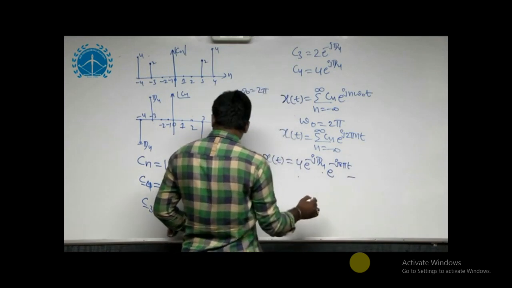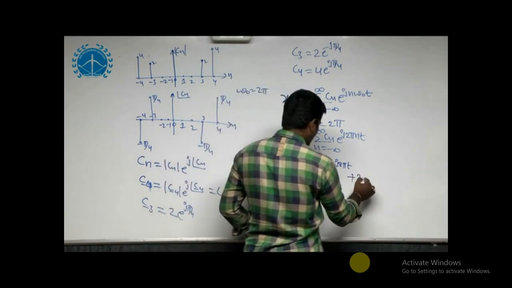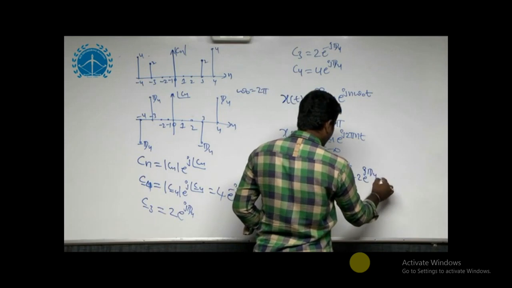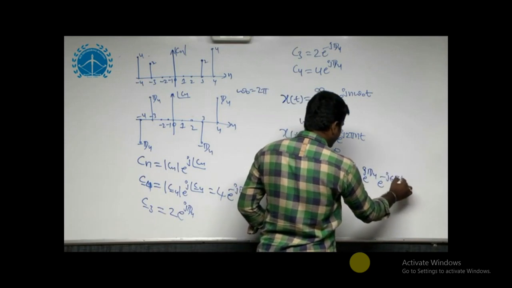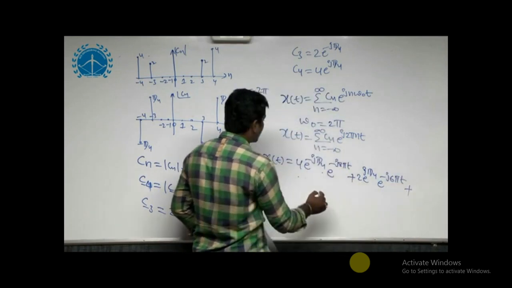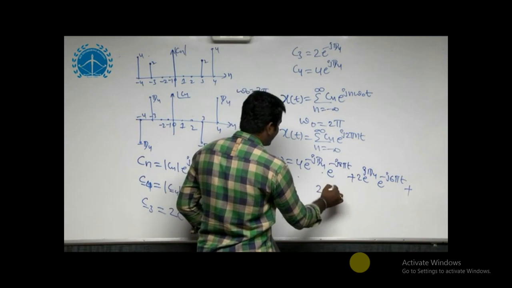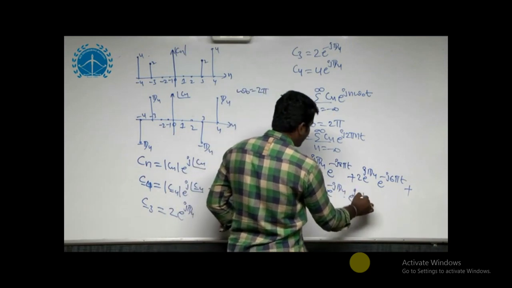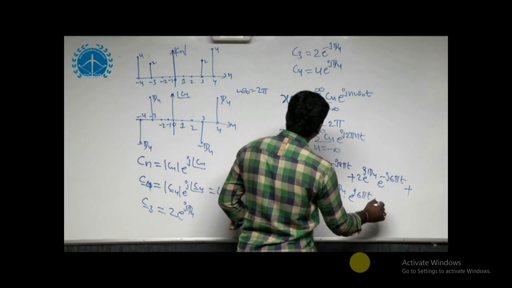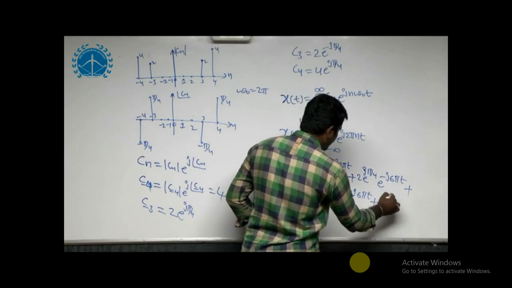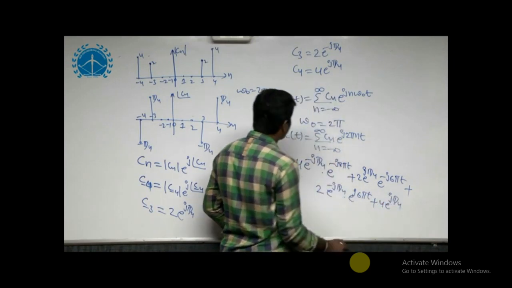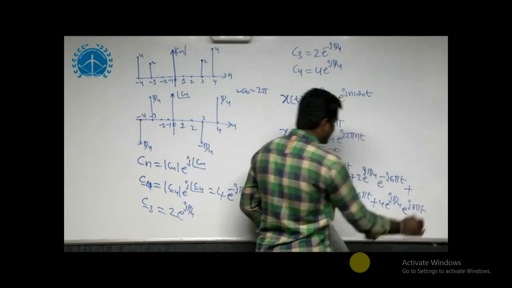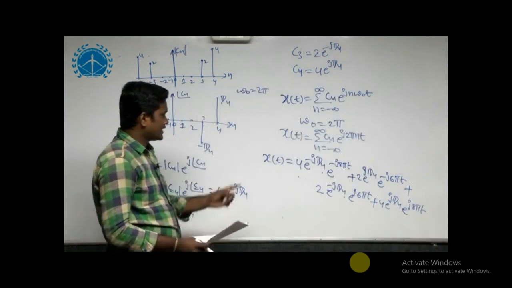Next, plus 2 e power j pi by 4 e to the power of minus j 6 pi t, plus 2 e to the power of minus j pi by 4 e to the power of j 6 pi t, plus 4 e to the power of j pi by 4 e to the power of j 8 pi t. So these are the signals.